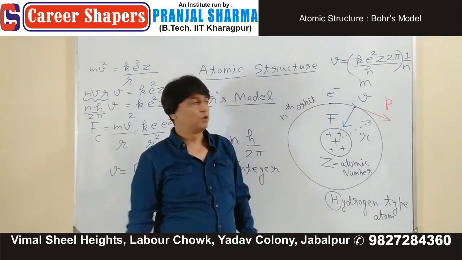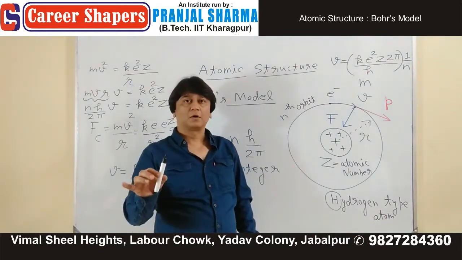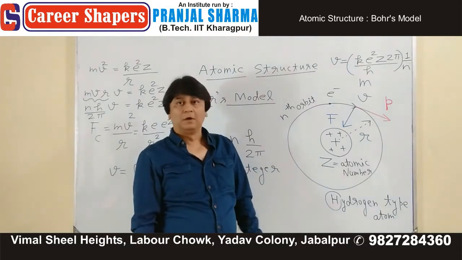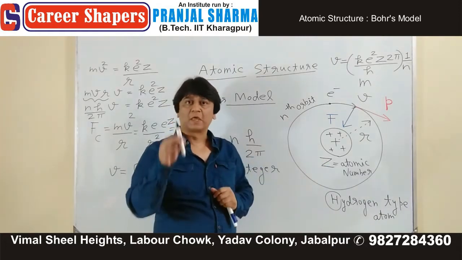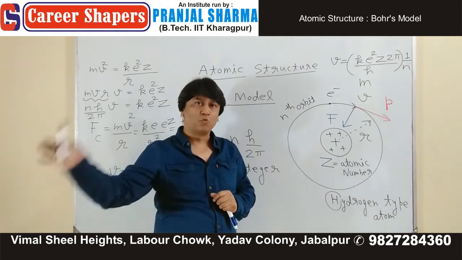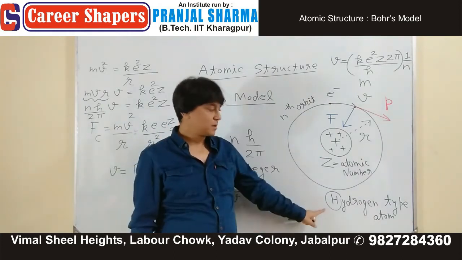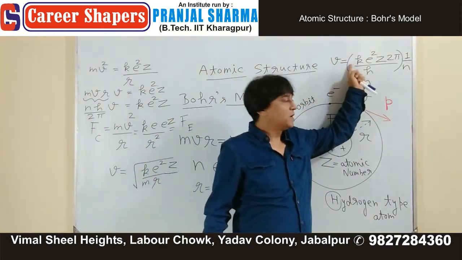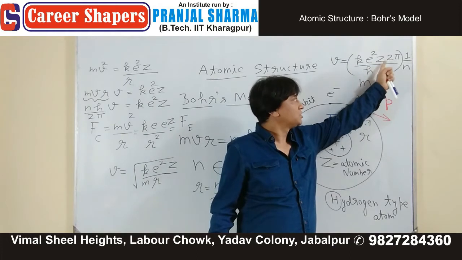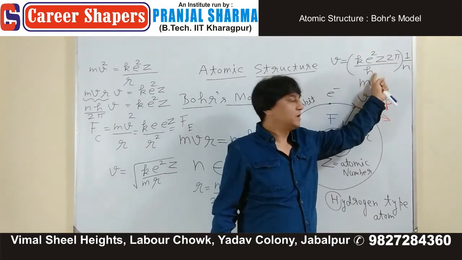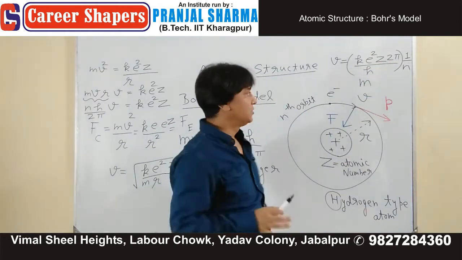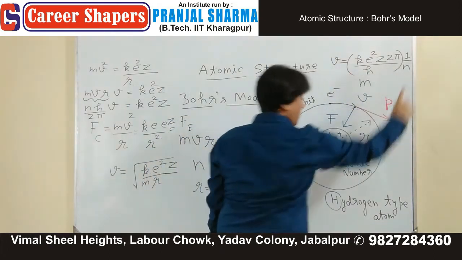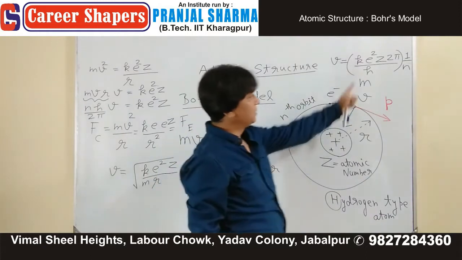What is interesting over here? For a given atom, for helium, you have removed one electron, it becomes what? Hydrogen type atom, which has only one electron. Your K is fixed, your E is fixed, your Z is fixed, 2 pi H, everything is fixed, and therefore you can say that product of V and N is a constant.